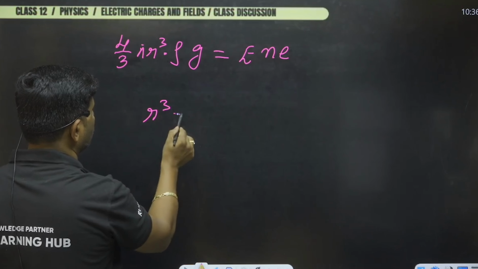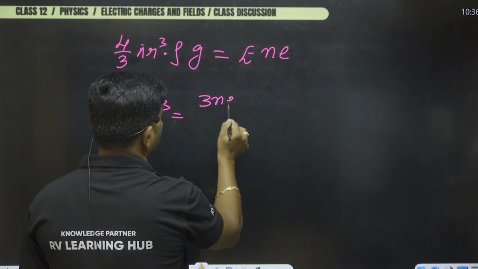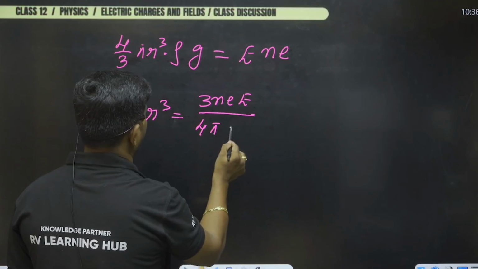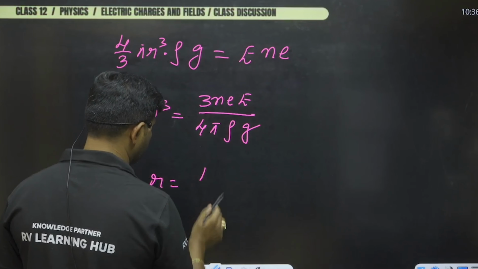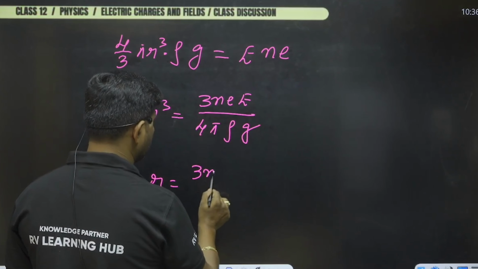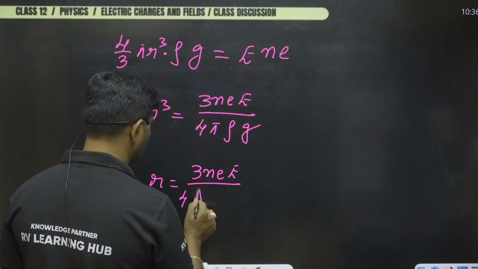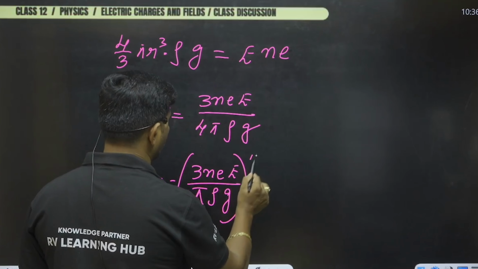So R cube becomes equal to 3 N e into capital E divided by 4 pi rho into g. So R becomes equal to 3 N e into capital E divided by 4 pi rho into g, whole to the power of 1 by 3.